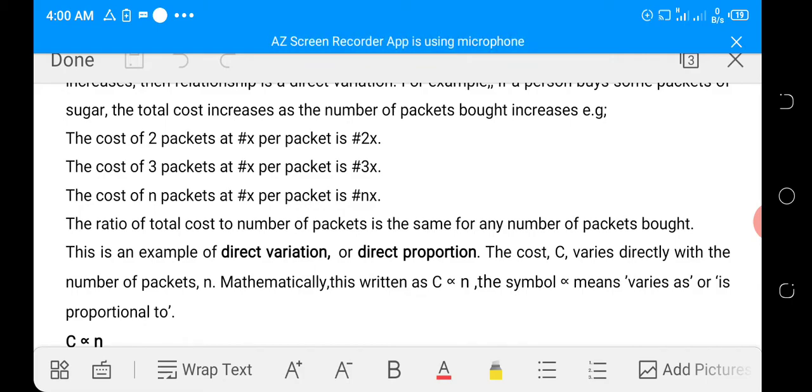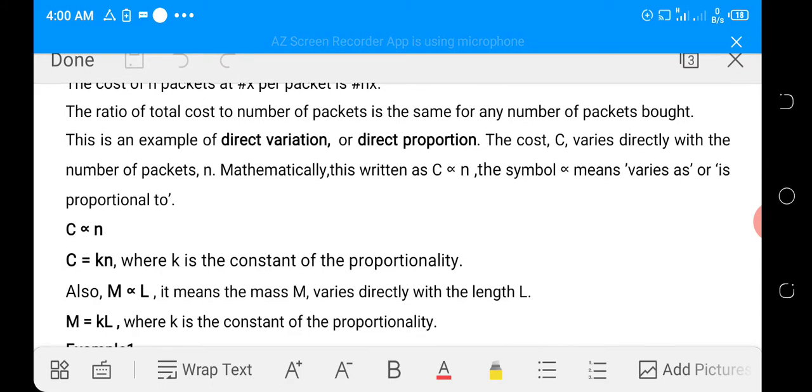Mathematically, this can be written down as C varies as N, where the symbol means varies as or is proportional to. In the previous example, the cost and the number of packets bought are related as C varies directly as N. And when the variation sign is changed to equal to, then we have C is equal to KN, where K is the constant of the proportionality.